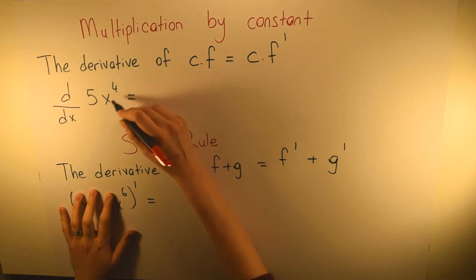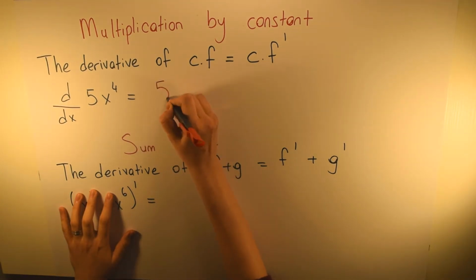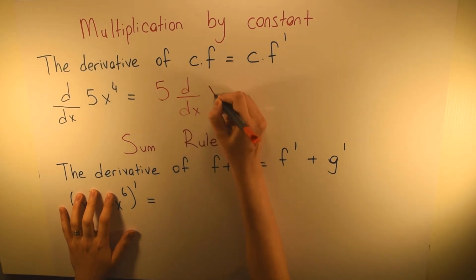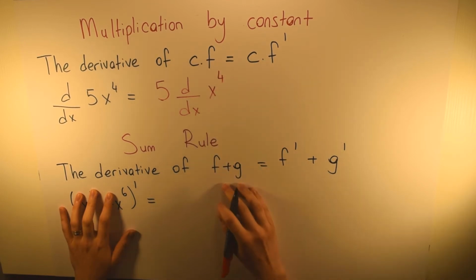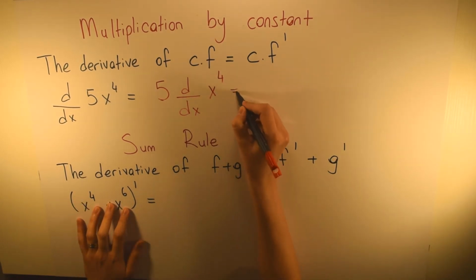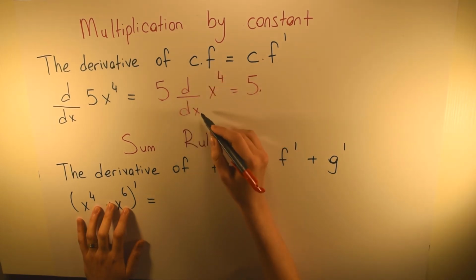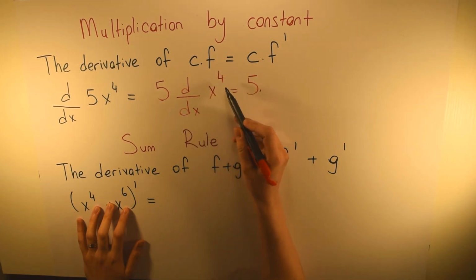Okay, so we can write this as 5 times d over dx of x to the power of 4. Okay, so this is equal to 5 times, what does this mean? This means the derivative of x to the power of 4, right?